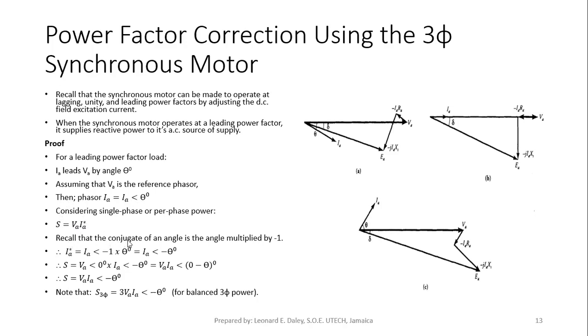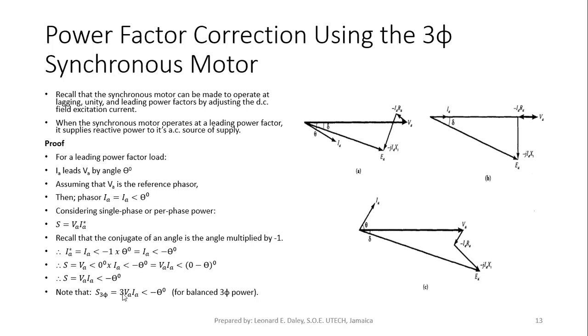From maths, you can recall that the conjugate of an angle is the angle multiplied by -1. So IA conjugate would be IA at angle minus theta. So S, which is equal to VA times IA, with V at angle 0 and I at angle minus theta, will give me VA IA at angle minus theta. So for a leading power factor, the angle associated with S is minus theta, minus the power factor angle.